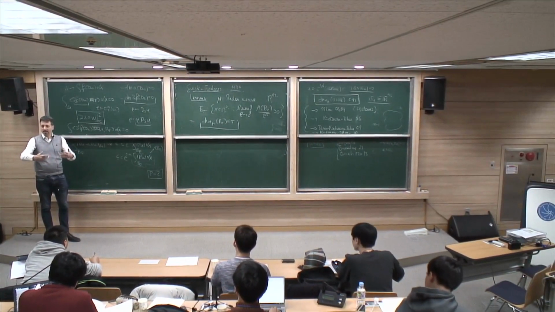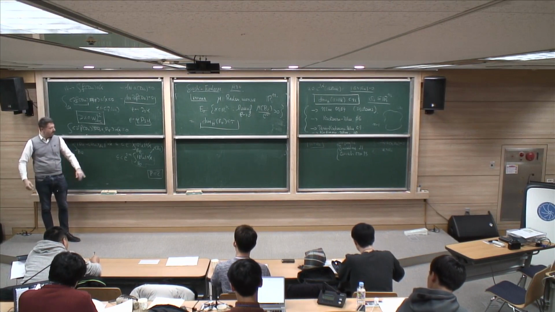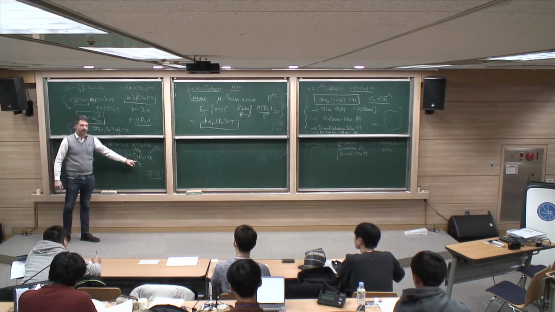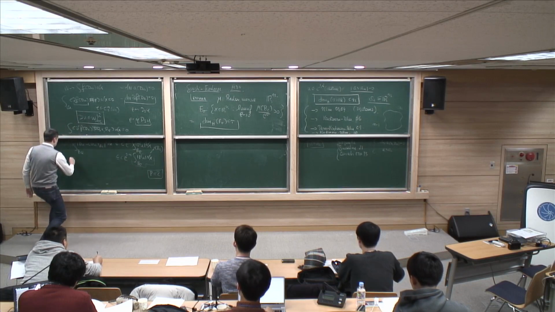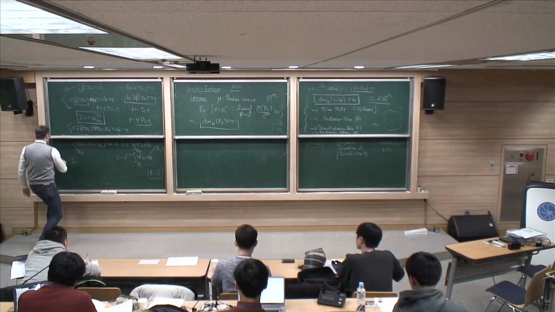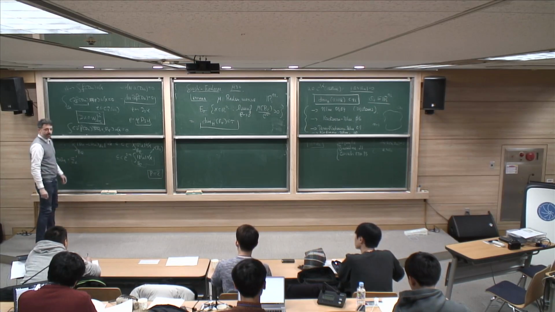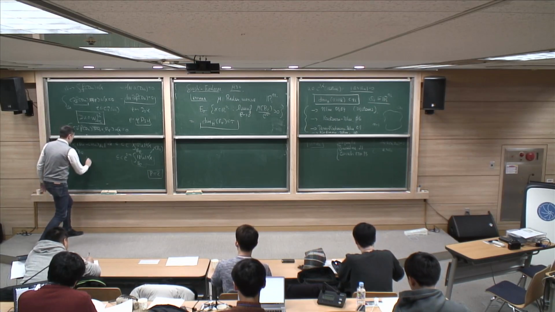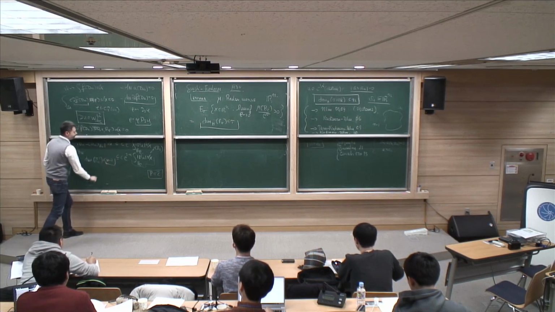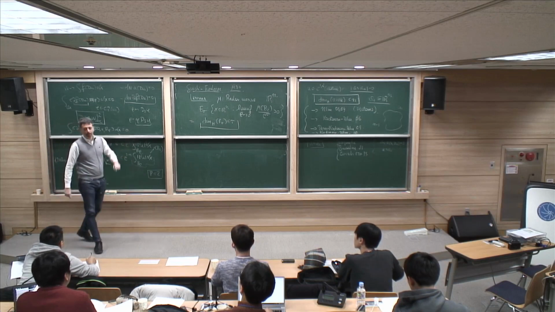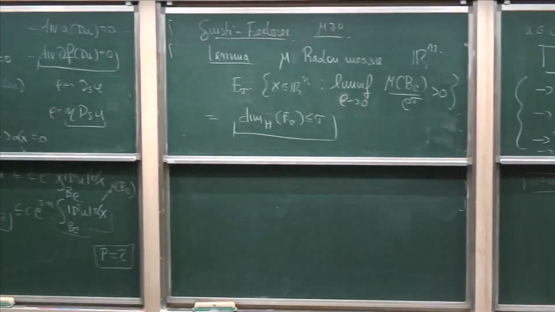So you immediately end up with the fact that the so-called U1, which under these conditions is the whole singular set, has Hausdorff dimension less than n minus 2, because you apply that lemma with sigma over 2.